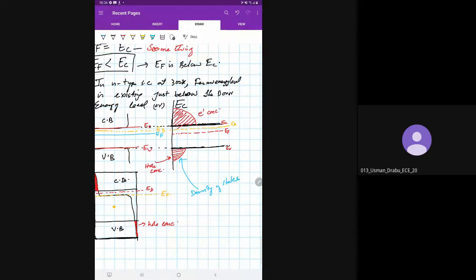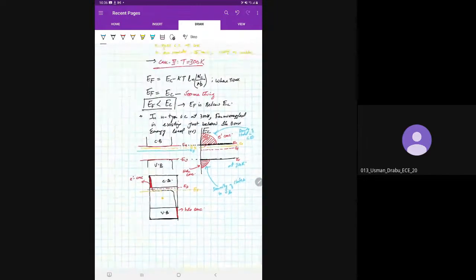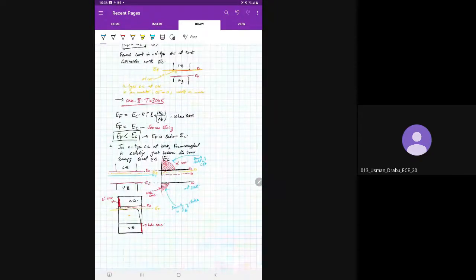Okay, density of states in the valence band, and this is the density of states in the conduction band. But this is at 300 Kelvin, not at 0 Kelvin. Now this was the second case, when temperature was 300 Kelvin.